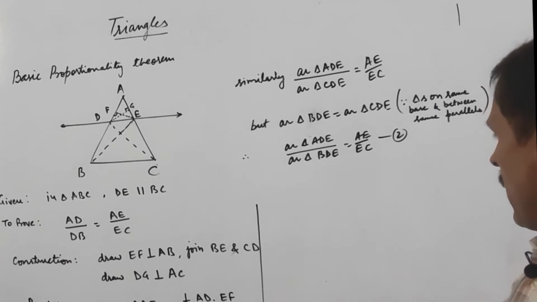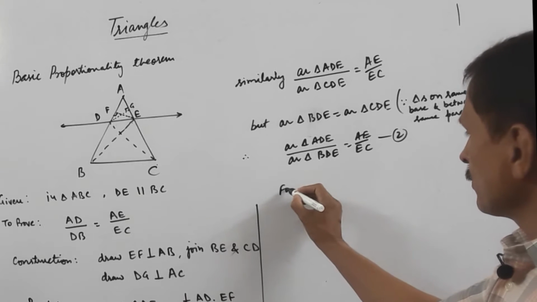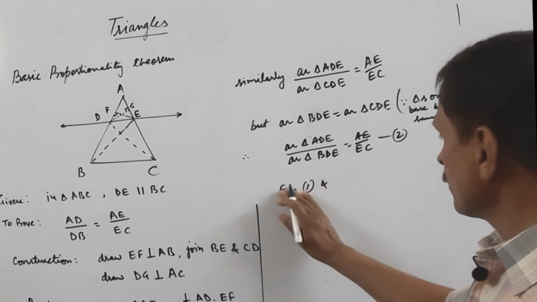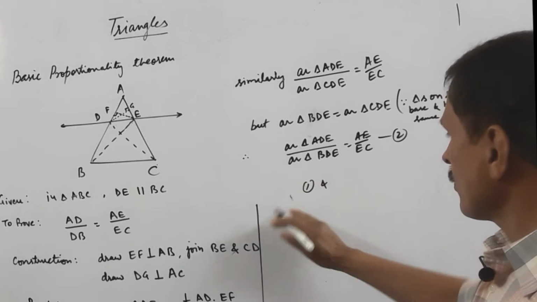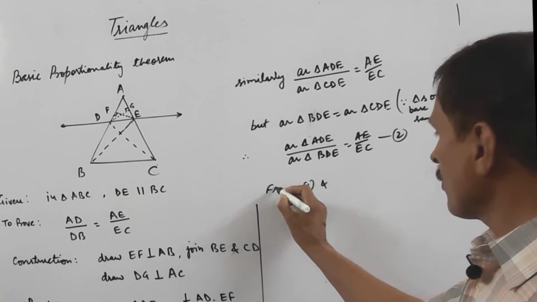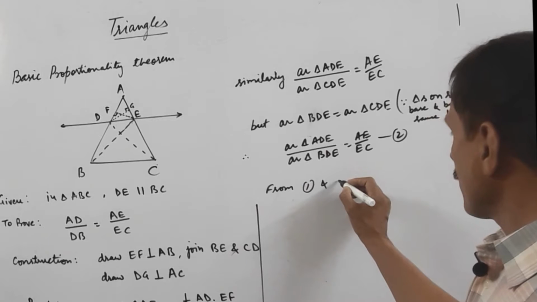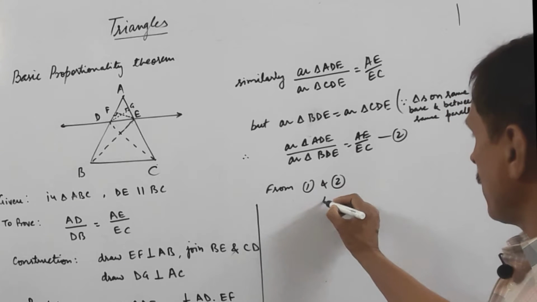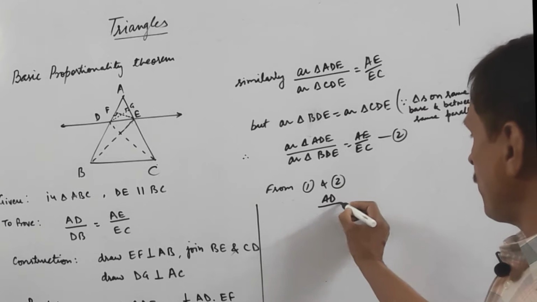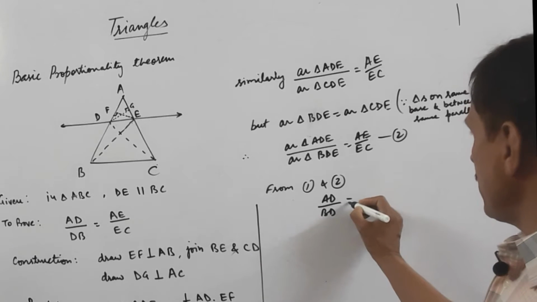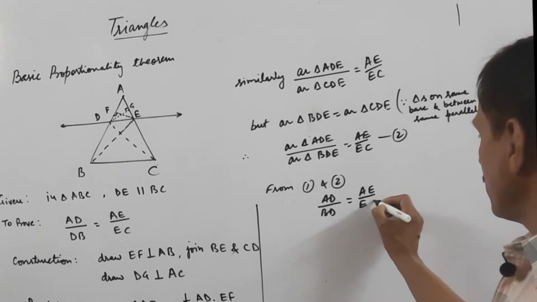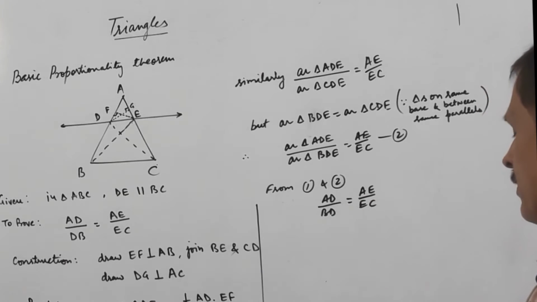Now from 1 and 2, AD upon BD is equal to AE upon EC.